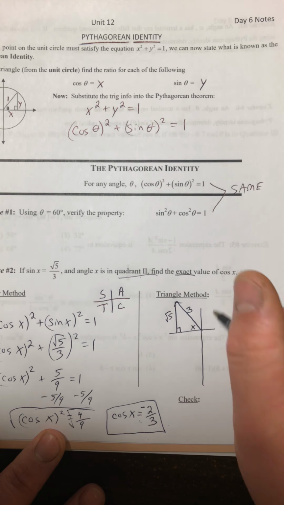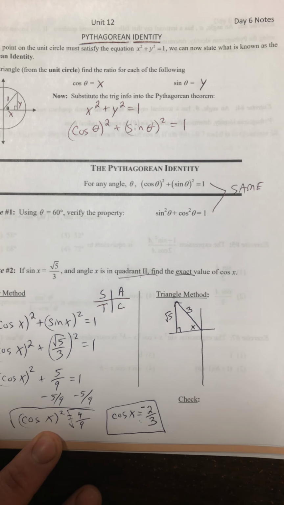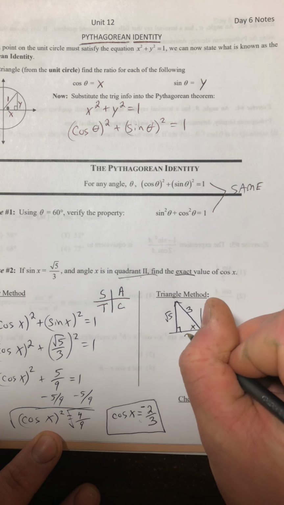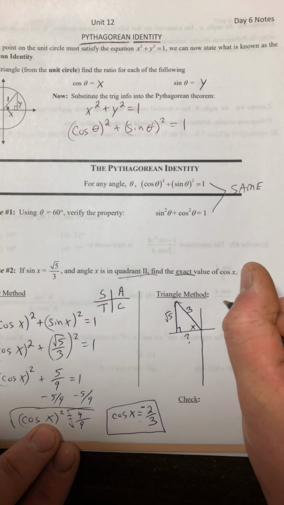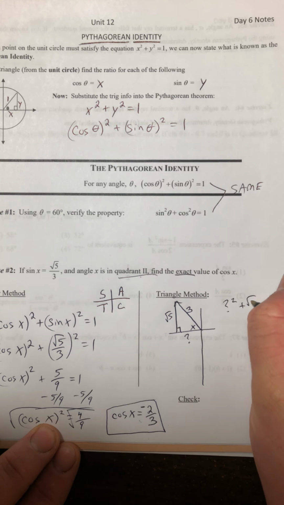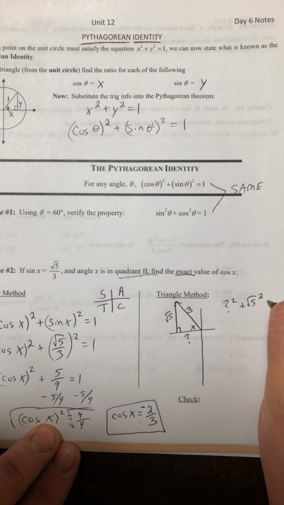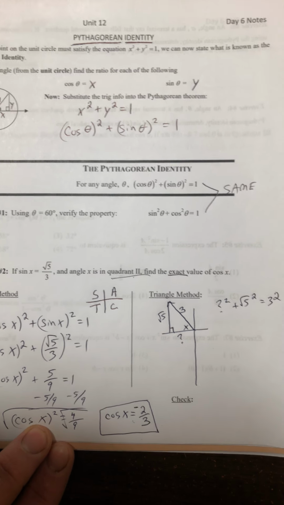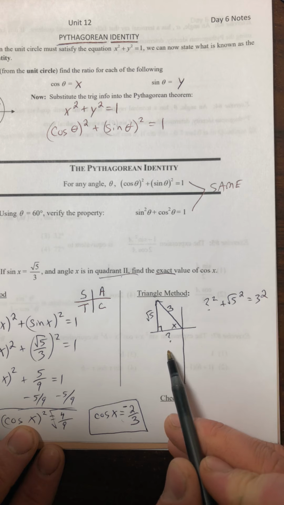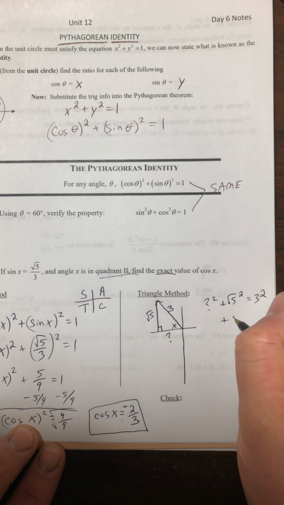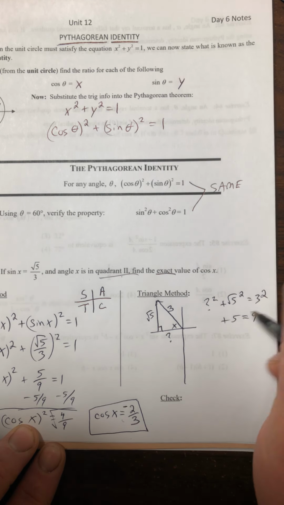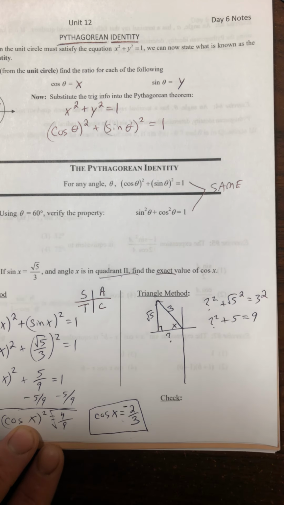So this would be, whatever you want to call this side. Alright, Pythagorean theorem will find this missing side length. Something squared.